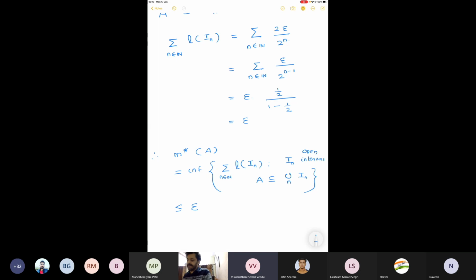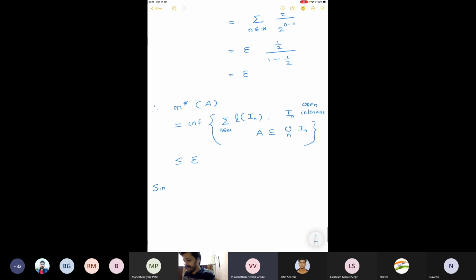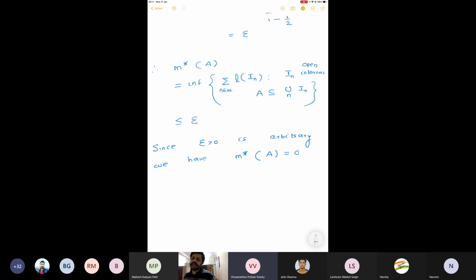And epsilon greater than 0 is arbitrary, so we have the Lebesgue outer measure for a countable set A is 0. Finite or countably infinite, the outer measure is 0. Okay. In particular, what will be the measure of Q?